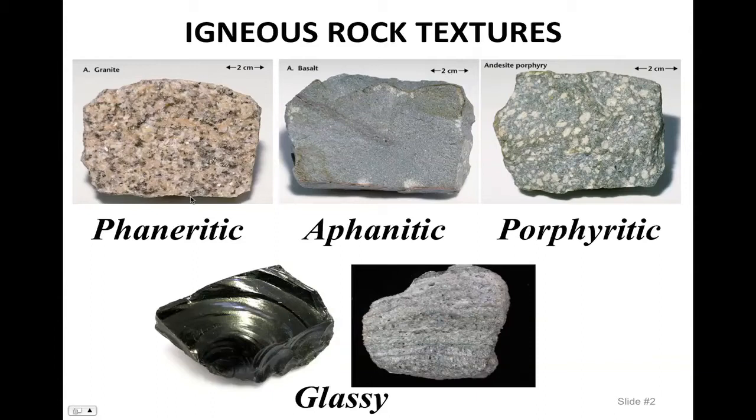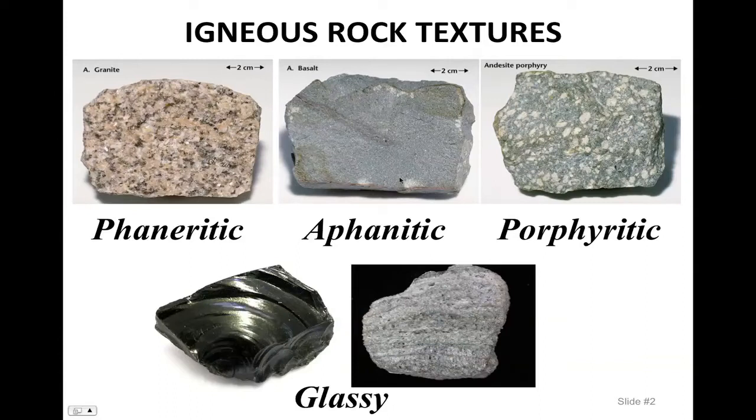Granite is just one example. And you can see that it's peppered with light and dark crystals, and all of those crystals are fairly large. You can make them out with your naked eye at this scale pretty decently, and of course with a hand lens it would be super easy to make out each of these individual crystals in this particular sample.